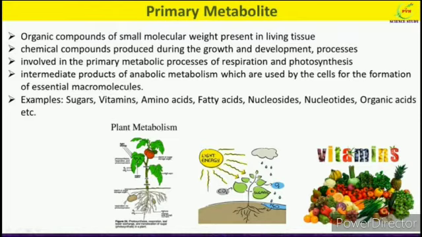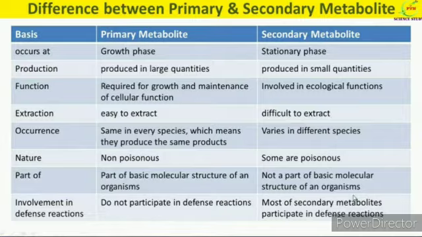Intermediate products of anabolic metabolism which are used by the cells for the formation of essential macromolecules. Examples are sugars, vitamins, amino acids, fatty acids, nucleosides, nucleotides, organic acids, etc. Now we'll see what the differences are between primary and secondary metabolites.